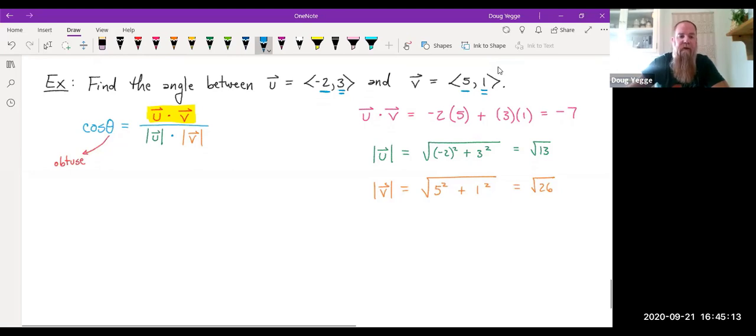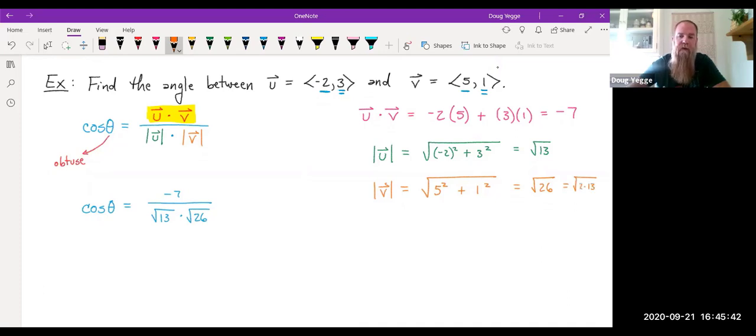So now if we just plug in each of those quantities, we know the cosine of theta is equal to the dot product of negative 7 divided by the square root of 13 times the square root of 26. Now we can maybe simplify that a little bit if we choose to. You could see that the square root of 26 is the square root of 2 times 13.